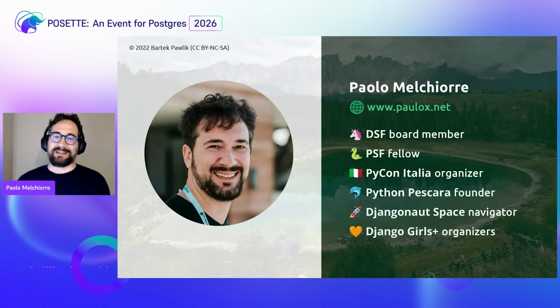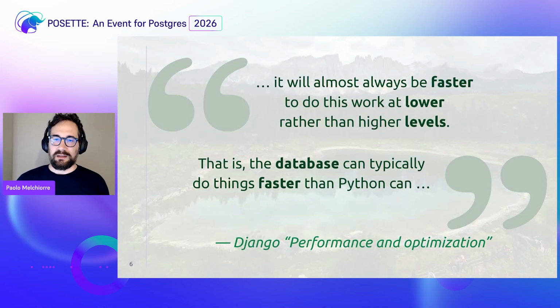So as you can understand, I'll try to show you some examples of Postgres generated columns using Django as a project. And Django also has very good documentation. One part I like the most is this one.